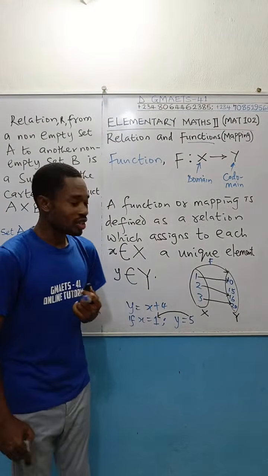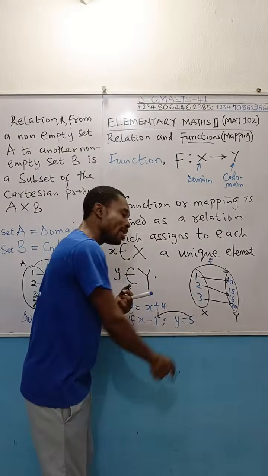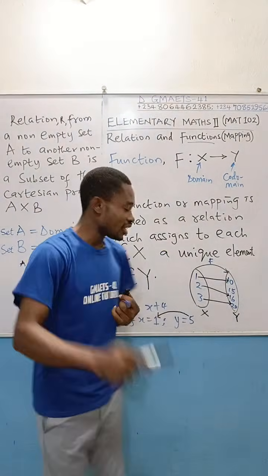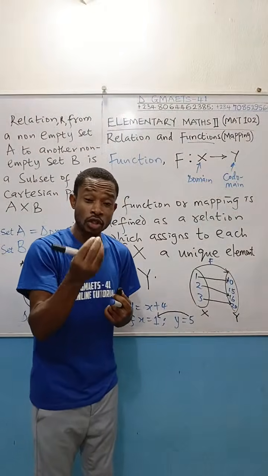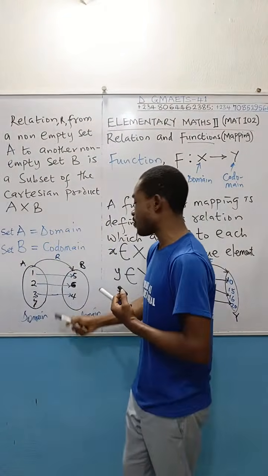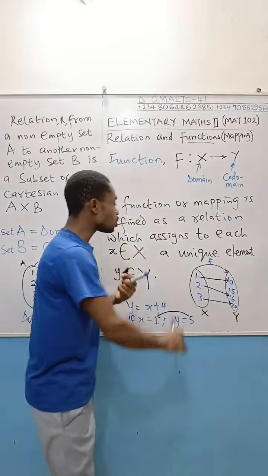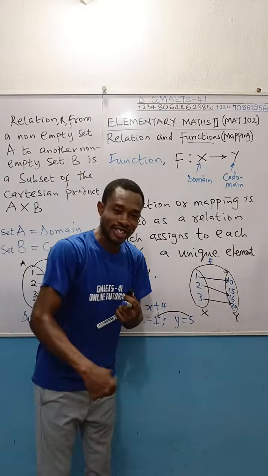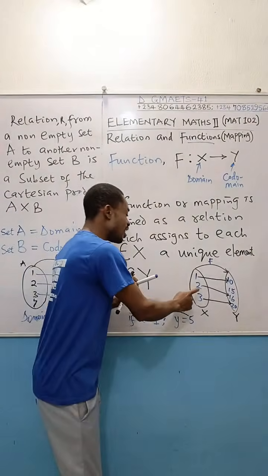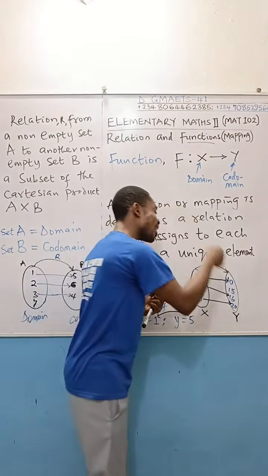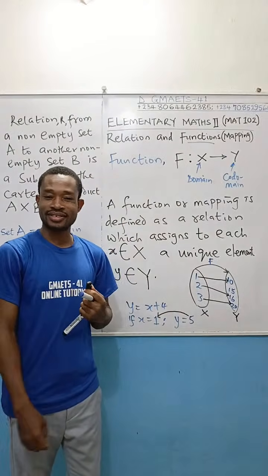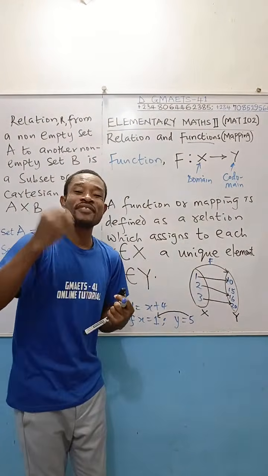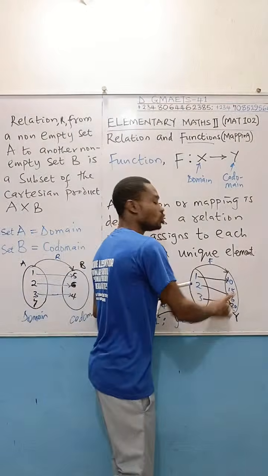For a function, everything in the domain must have an assignment, which is different from a relation. For a function, every element in the domain must be mapped. Every element in the domain must have an image in the codomain.